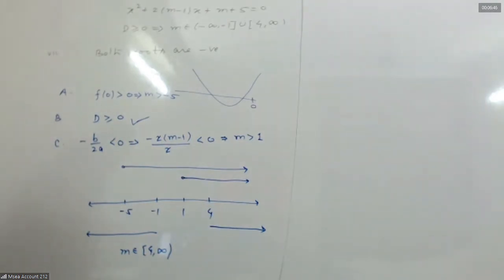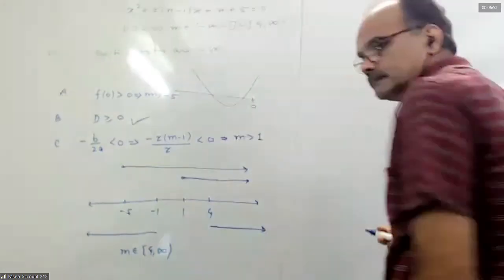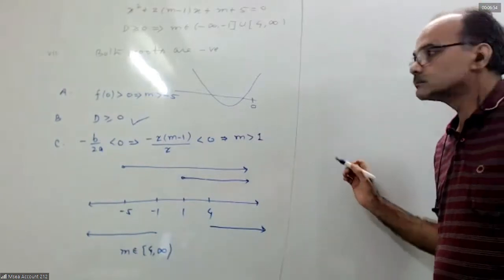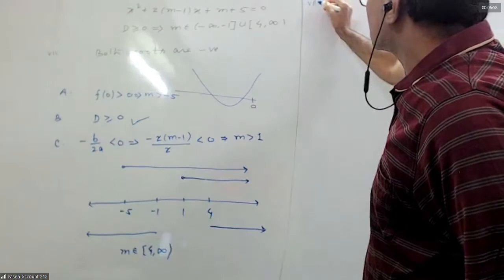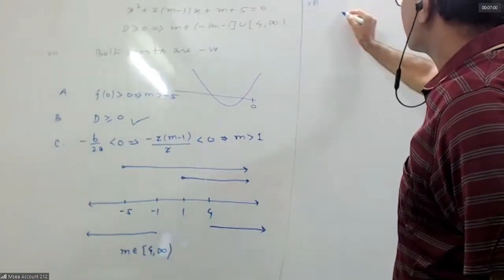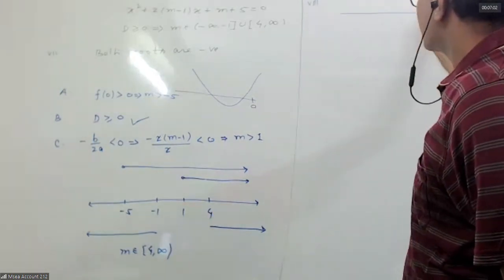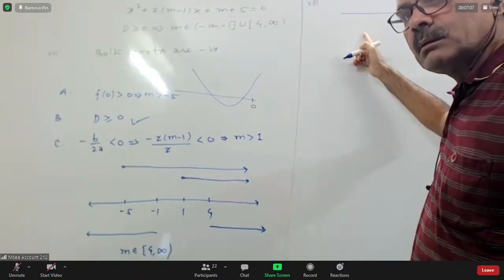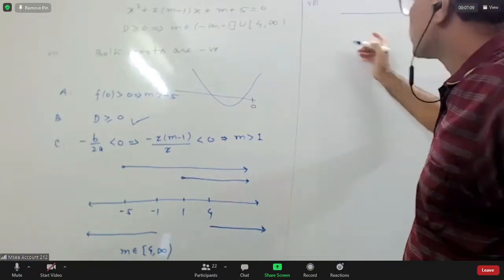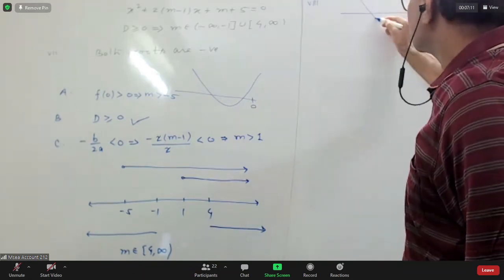Next one, what is the next bit? 8. One root greater than 3 and other less than 3. Is this part visible? Okay. One greater than 3, other less than 3.